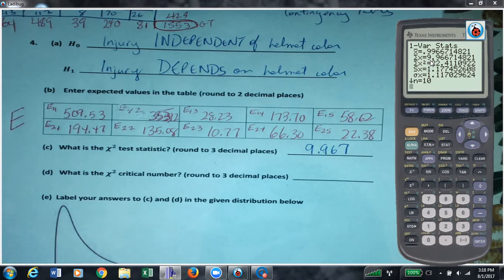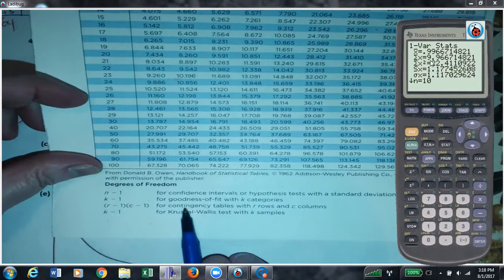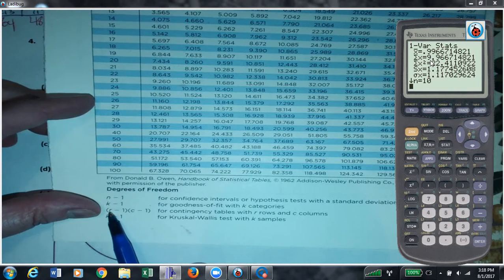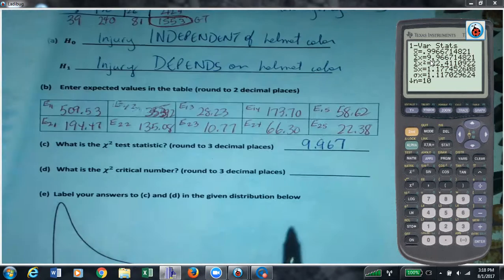Now, what is the chi-squared critical value? Well, I get that from list A4. If you're doing a contingency table, the degrees of freedom is going to be the number of rows minus 1 times the number of columns minus 1.